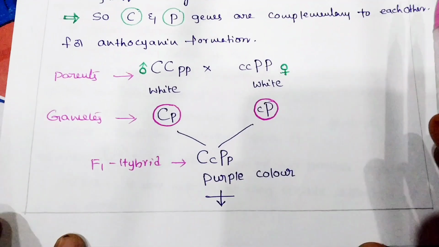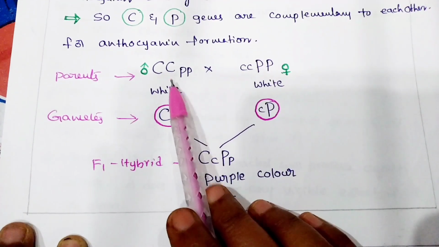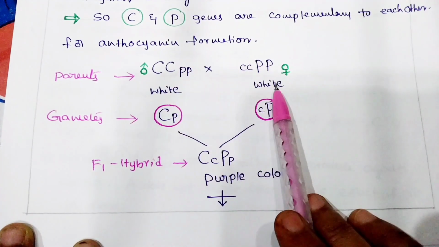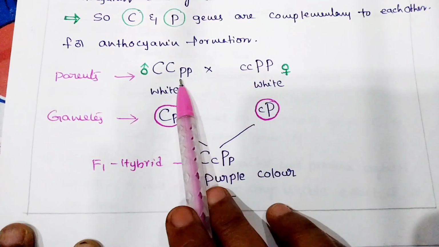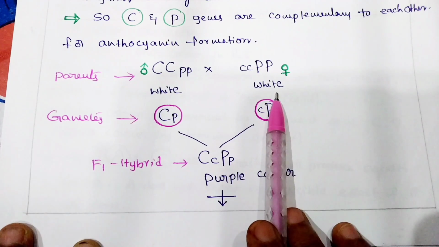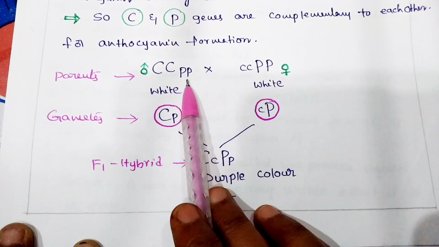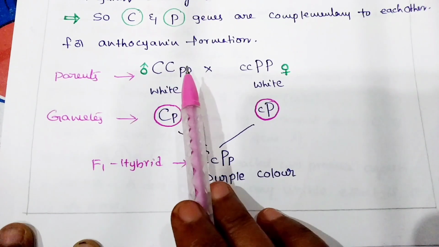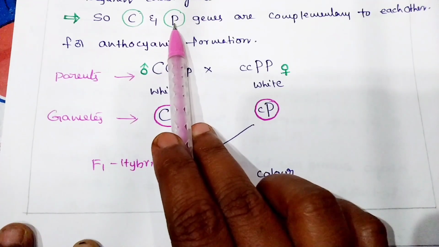So let's see the cross. When pure breed white color plants are crossed with other white color plants, they have different genotypes even though they both produce white color. Why? Because here there is no capital P to produce anthocyanin pigment. Anthocyanin pigment is produced only in presence of both genes.